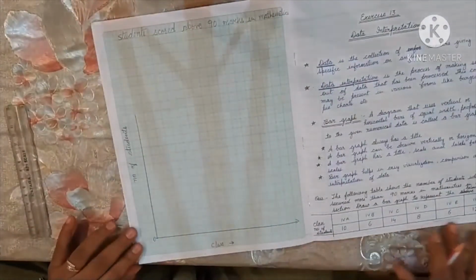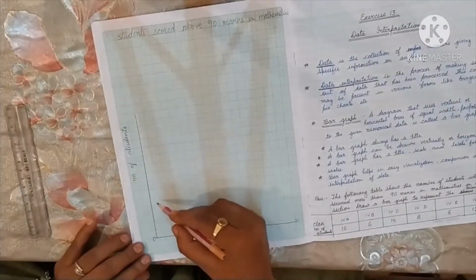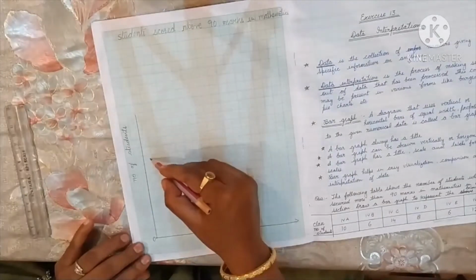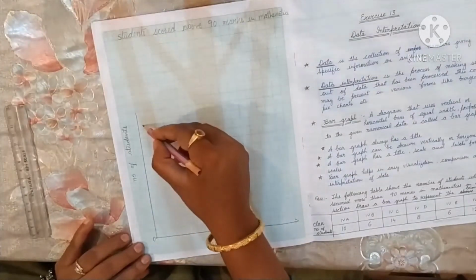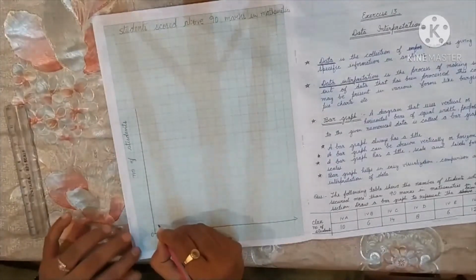Now we will see the numbers. The maximum number is 14. I will count from here: 1, 2, 3, up to 14. So it means each block I will take as 1 student.